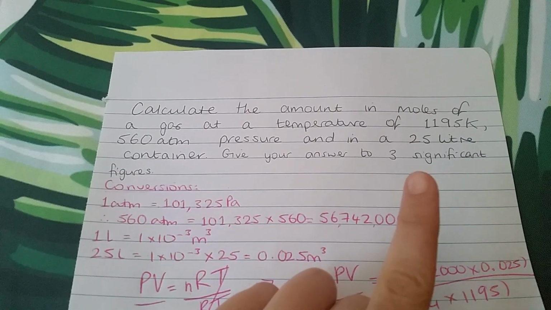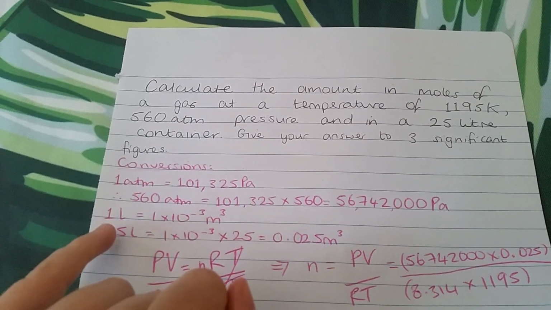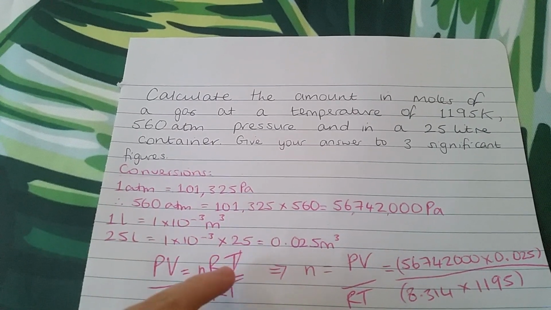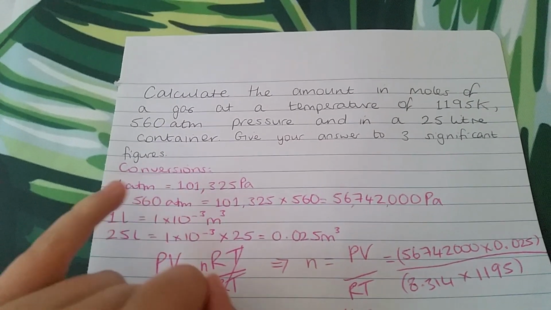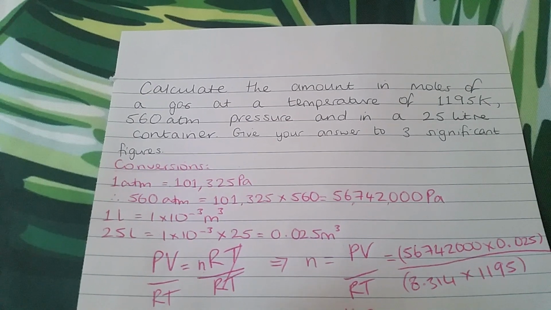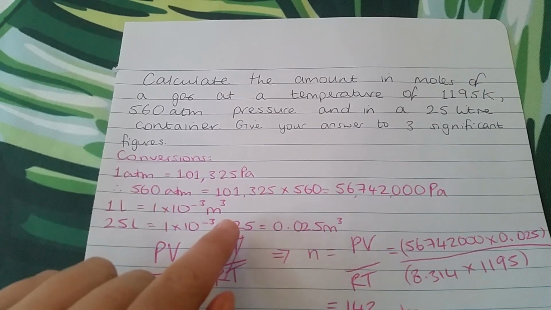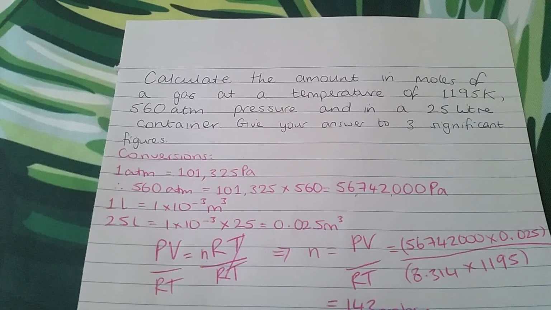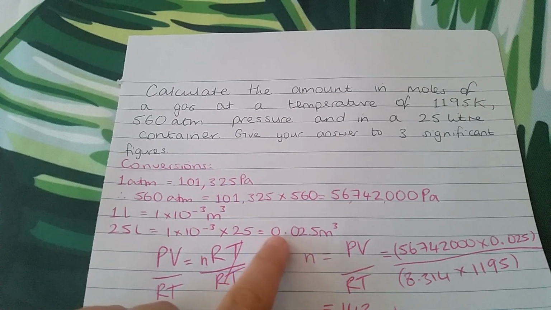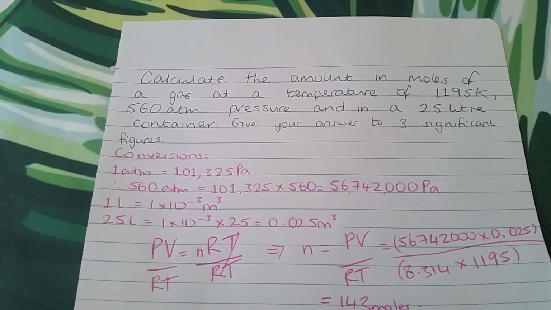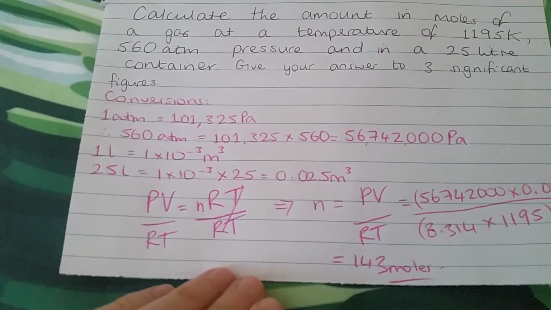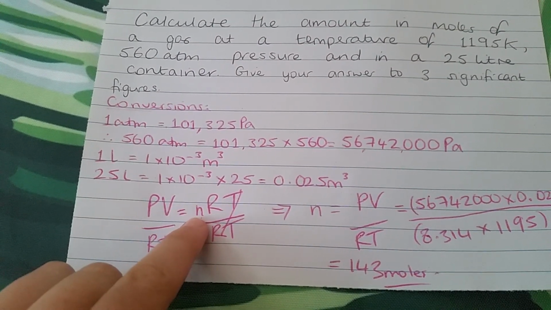Then with our volume, 25 litres, we need to know that there are 1,000 litres in 1 meter cubed. So to get from litres into meters cubed, we just divide by 1,000 and we end up with 0.025 meters cubed.